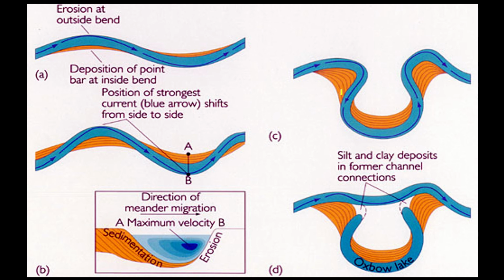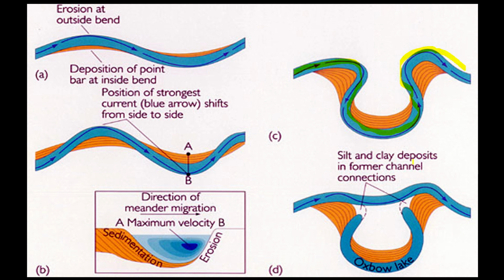Move to C. C. We are moving towards the gradual formation of an oxbow lake. See, gradual deposition will give rise to a structure like this. This is called an oxbow lake.